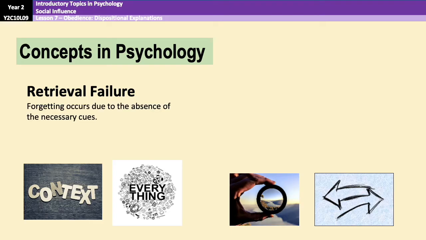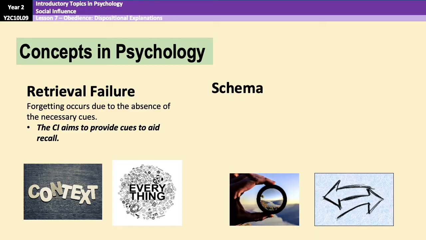For example, you may remember a particular smell or a particular sound if you're reinstating the context, which could then act as a cue to a bigger and more important memory. So the cognitive interview aims to provide cues in order to enhance your recall.